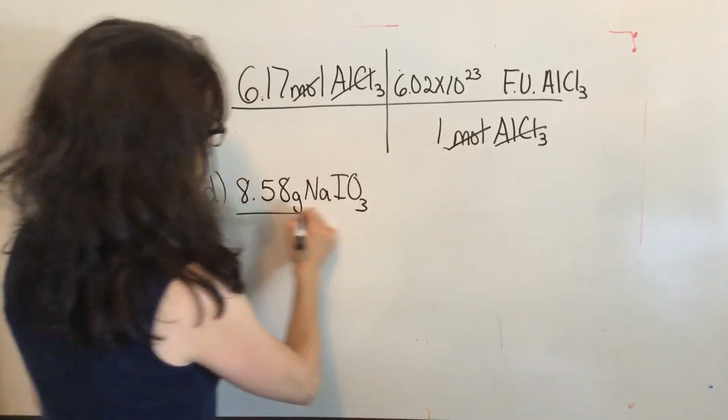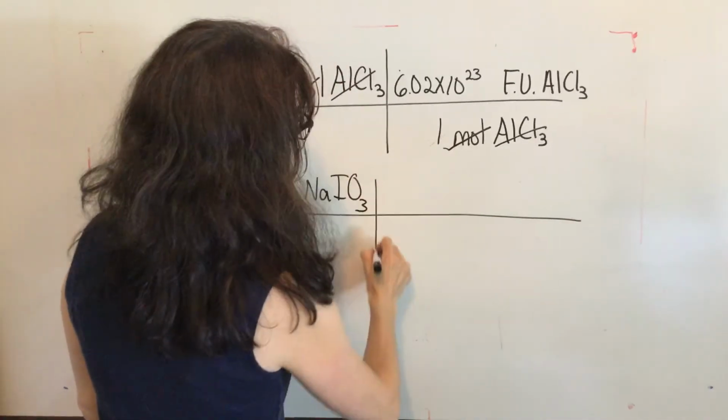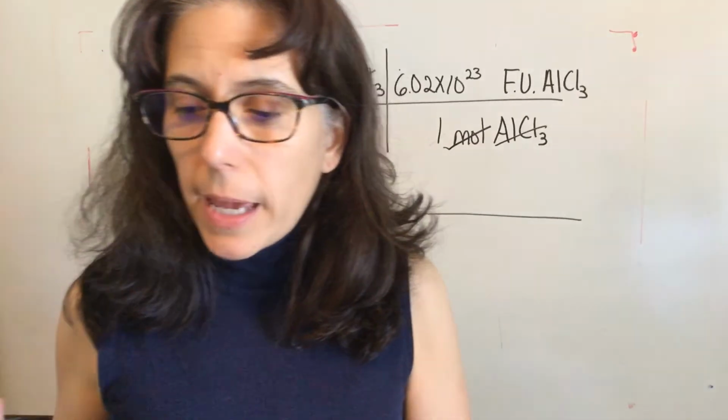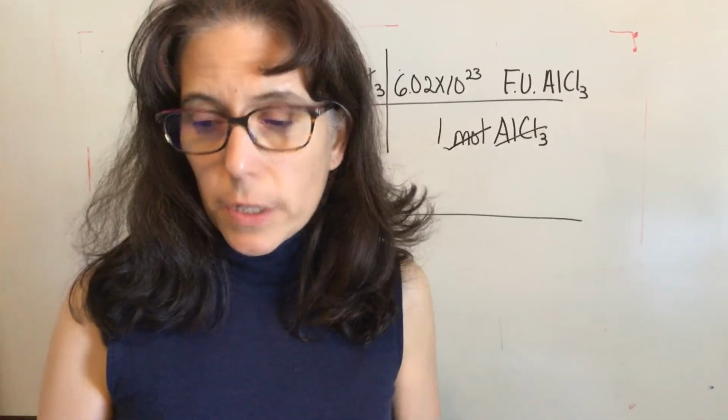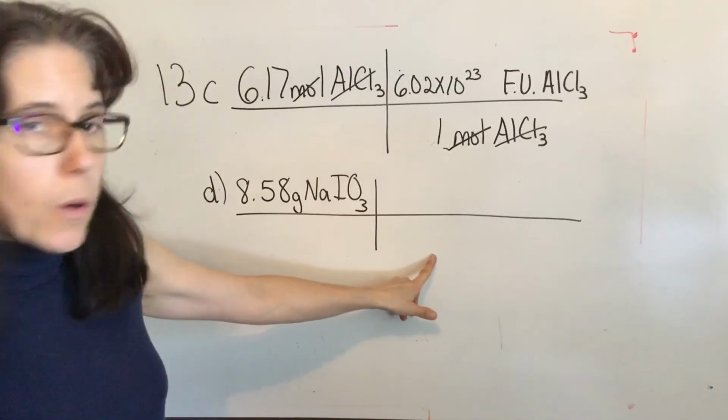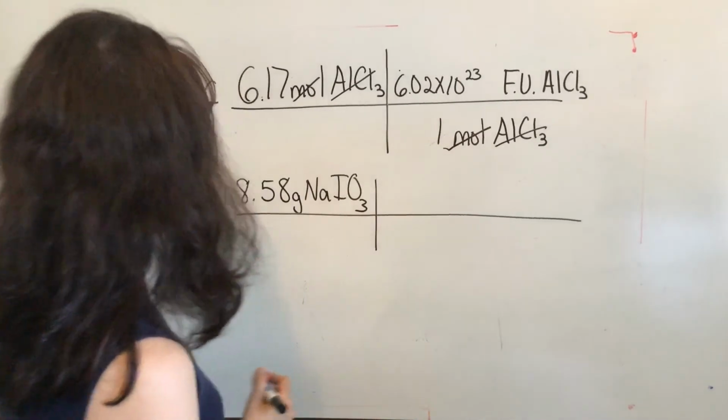All right, it's asking for a quantity of formula units. We cannot go straight from mass to formula units, but we can go from mass to moles using the periodic table.